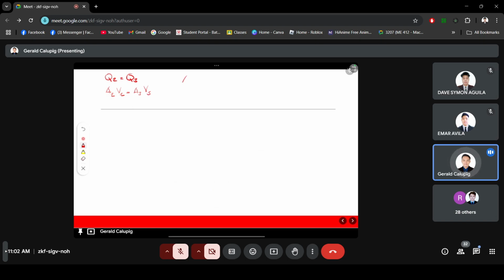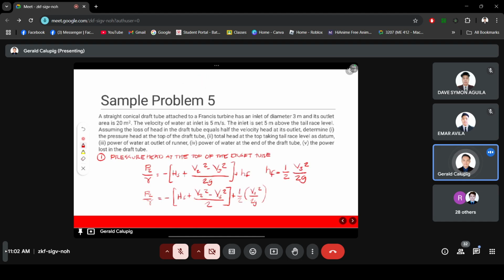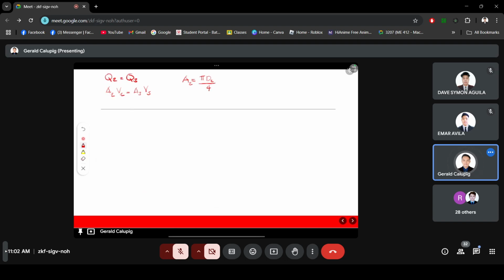The area 2 from our discussion is pi D2 squared over 4. The diameter at our inlet is 3 meters. So area 2 is equal to pi times 3 meters squared over 4.